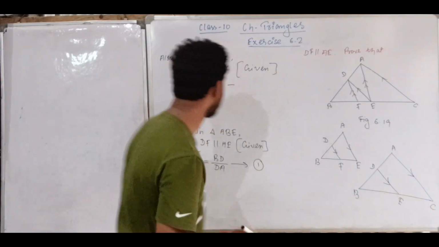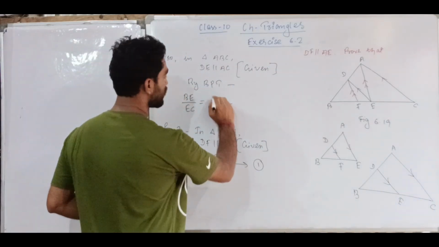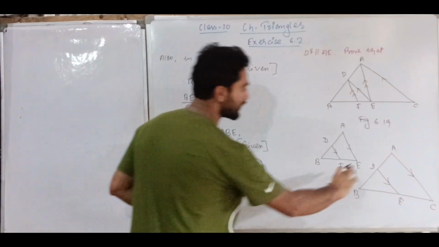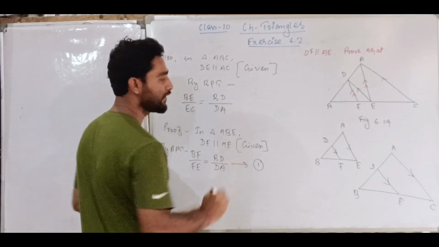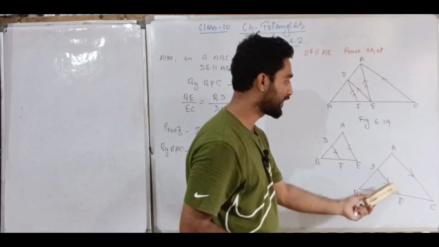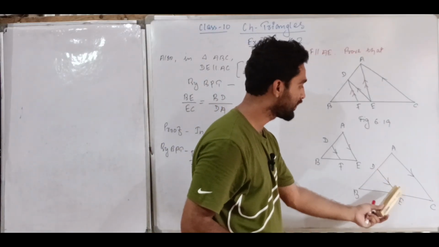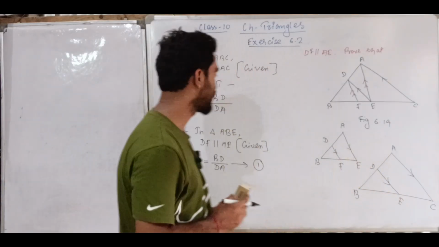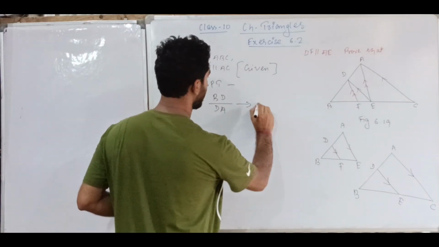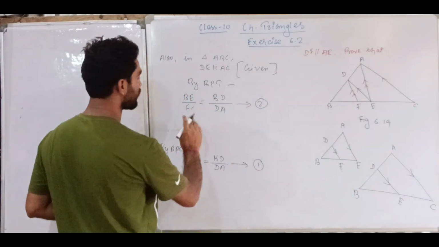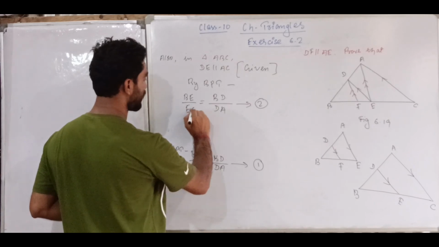BE divided by EC will be equal to BD divided by DA. From the Thales theorem we know that a parallel line divides the other two sides in the same ratio. Now this we can call equation number 2, BE divided by EC.